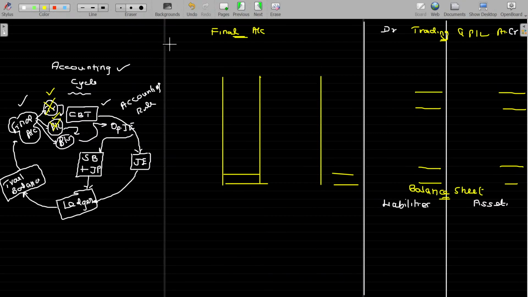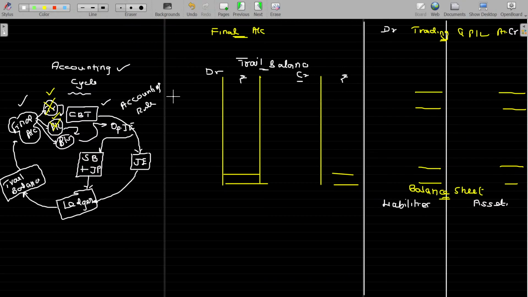Now in trial balance, okay, debit side and credit side, is that okay?